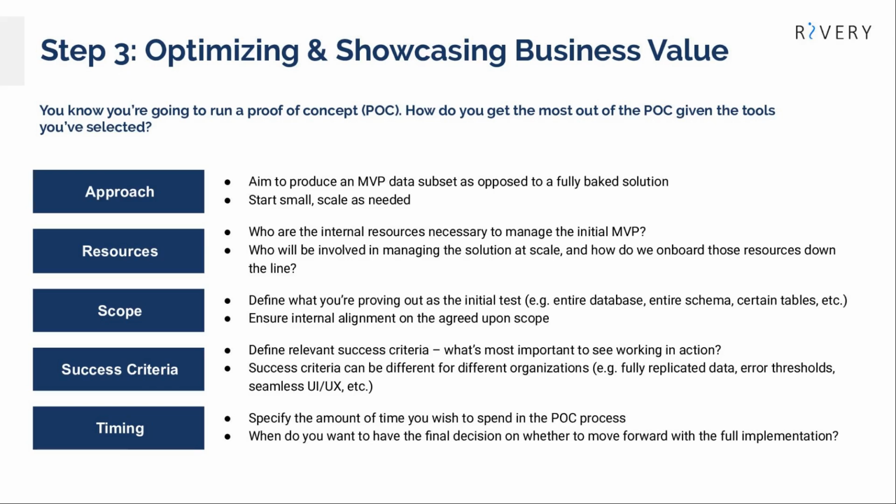The last thing to consider is timing. So adherence to a timeline for the POC and the decision-making process is paramount to achieving business value in the most efficient way. So you want to set a timeline early and communicate it with both the internal teams involved and the involved vendors to ensure that there's proper expectation setting up front.